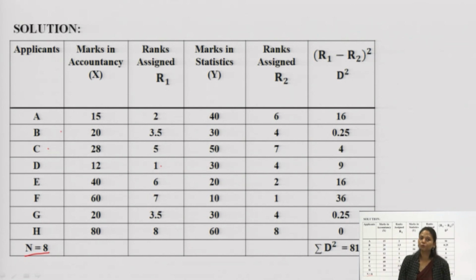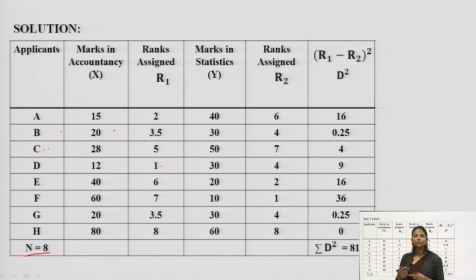So, to calculate ranks for B and G, what I was supposed to give them was rank 3 and rank 4. I have added the ranks of these together and obtained the aggregate of these.